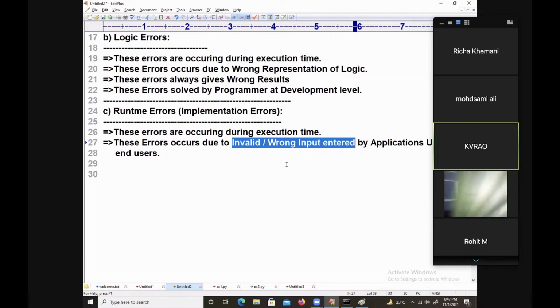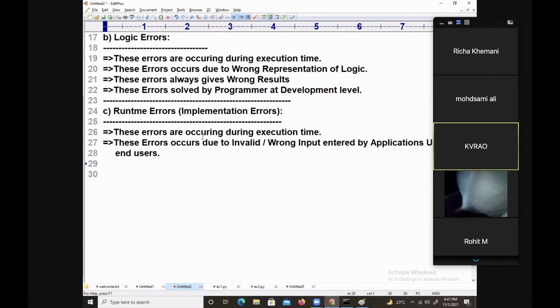Are you understanding that? Fine. I hope you are getting what I am trying to ask you. Right? So let us start. I'll show you the example.